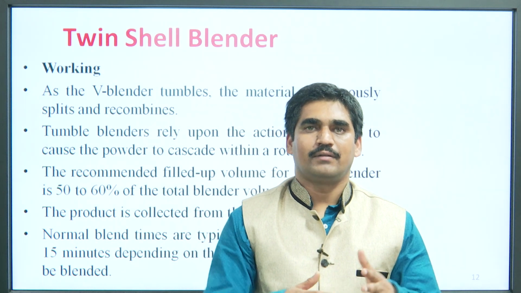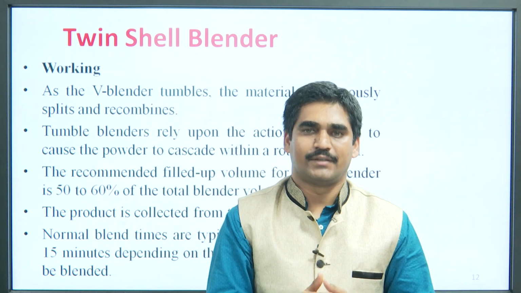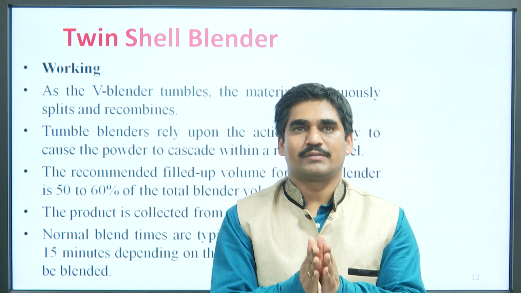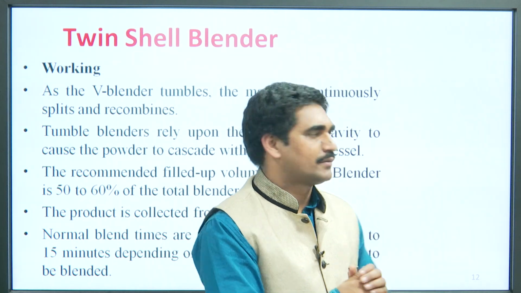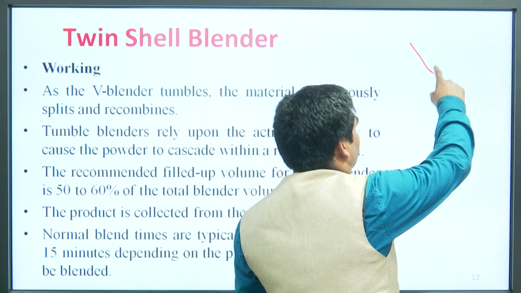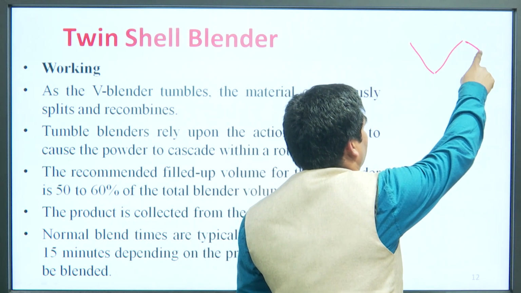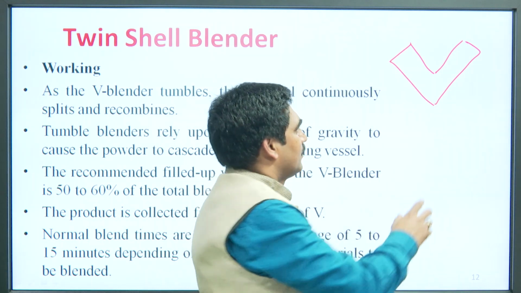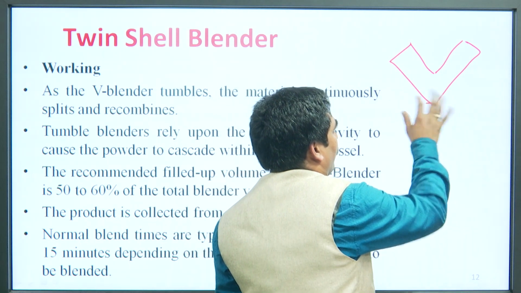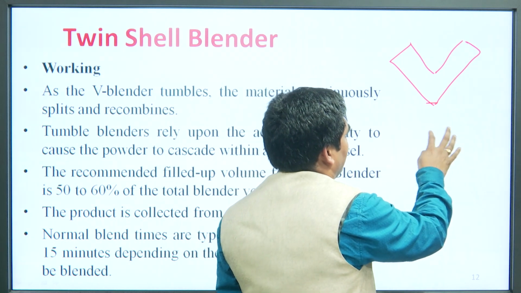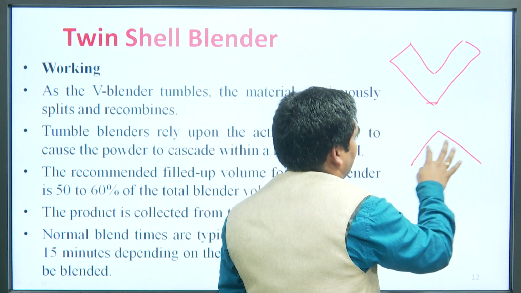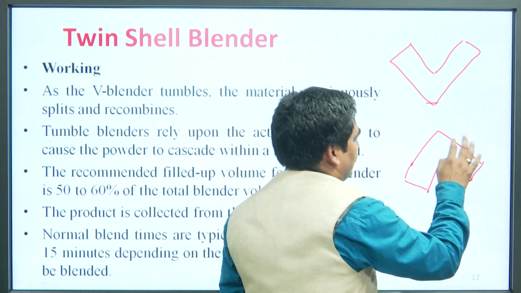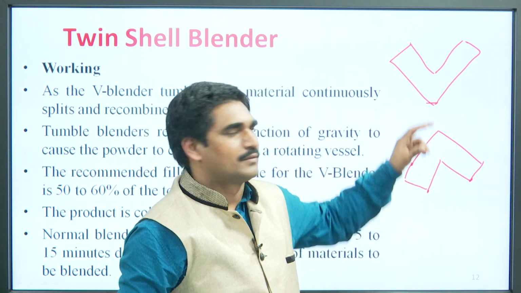As the V blender tumbles or rotates, the material continuously splits and recombines. Suppose this is one phase, and in another step it will move on like this.